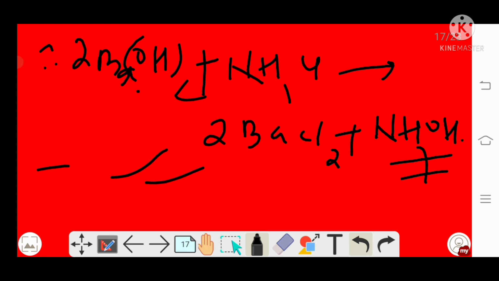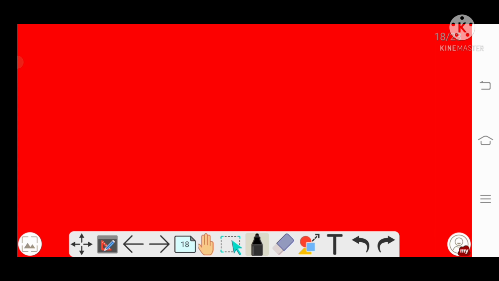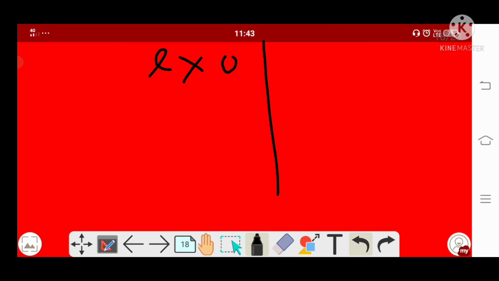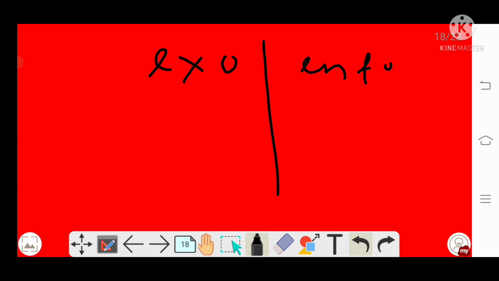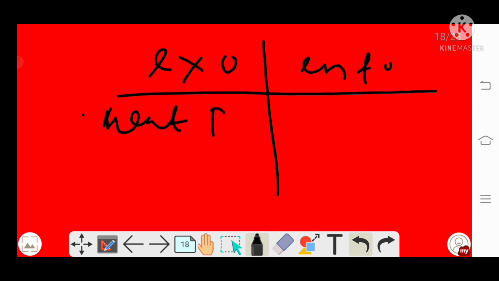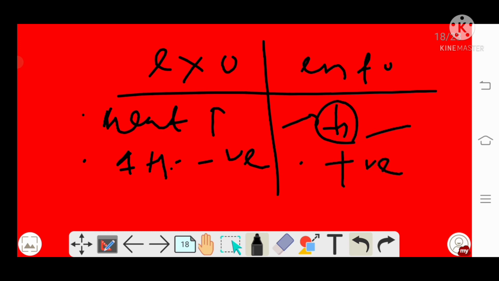Now from the exam point of view, what is the difference between exothermic reaction and endothermic reaction? Short note: exothermic reaction and endothermic reaction. Difference: heat is released, heat is absorbed. Del H, heat of reaction, is negative, heat of reaction is positive.